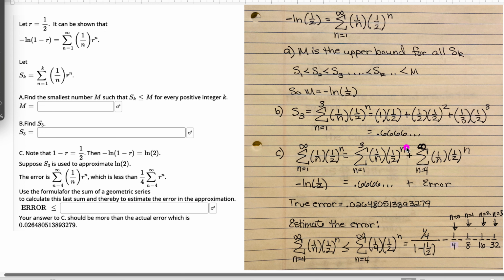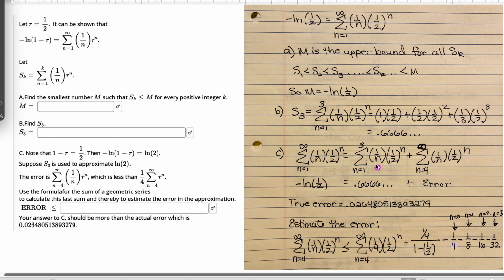So whatever is left over is going to be the error. That's going to be from 4 to infinity. If I know that the series from 1 to infinity is negative natural log of 1/2, and it equals the series from 1 to 3 plus the series from 4 to infinity, then the error is going to be equal to this.